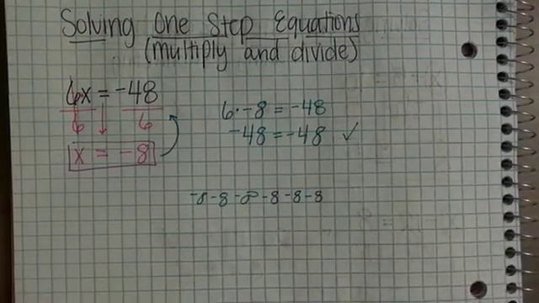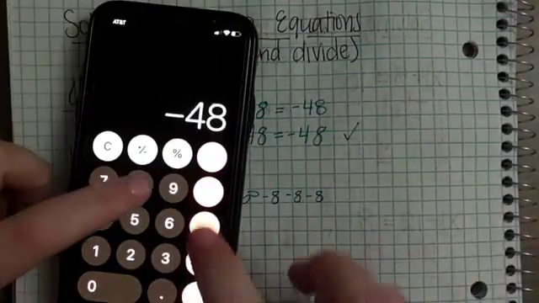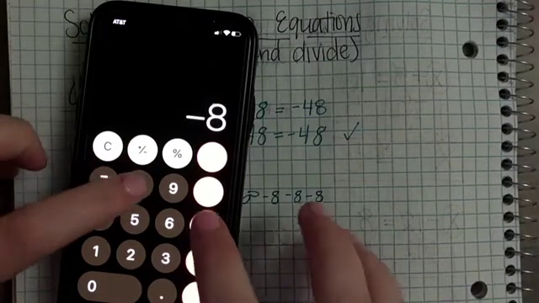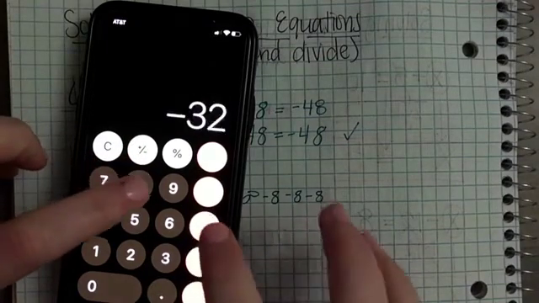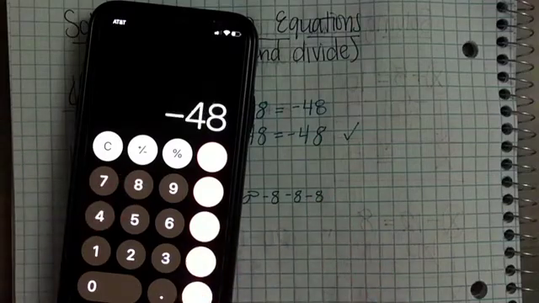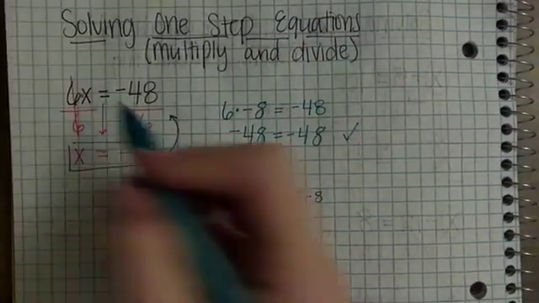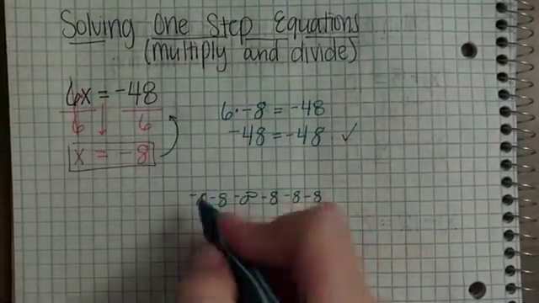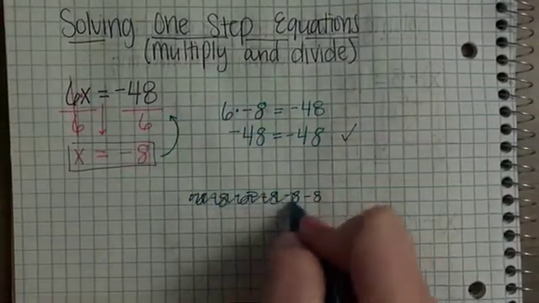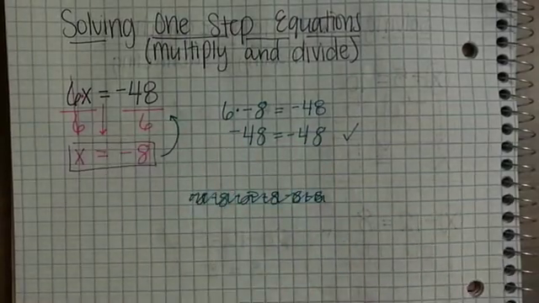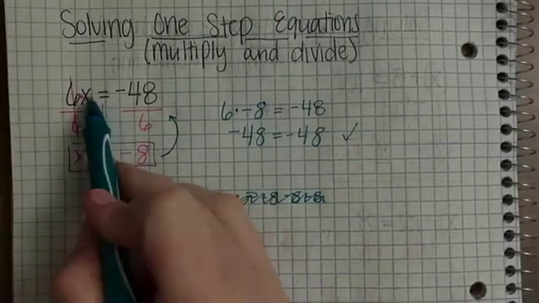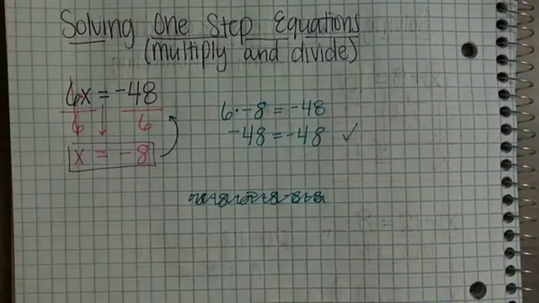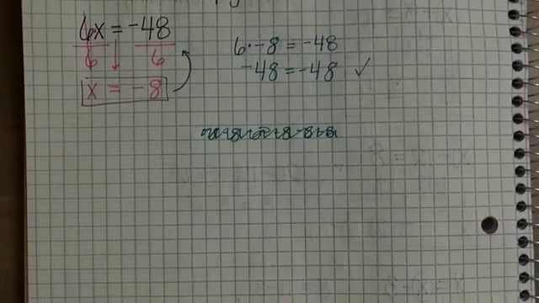So if there are 6 negative 8's, negative 8, minus 8, minus 8, minus 8, minus 8, minus 8, you get negative 48. So that's just me showing you why 6x means the same thing as multiply, but it's just saying that there are 6 of them, so it's 6 times x, which the opposite of multiply is divide.